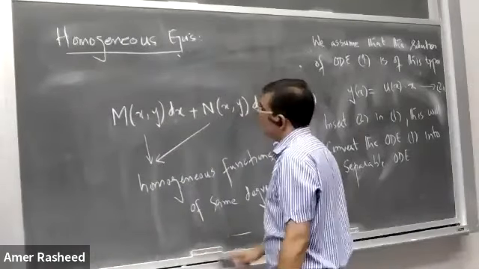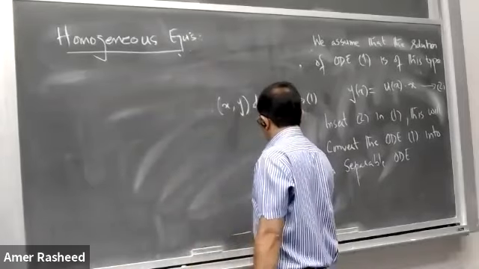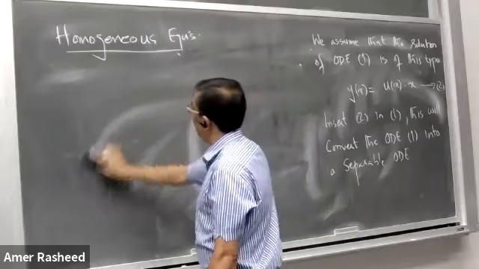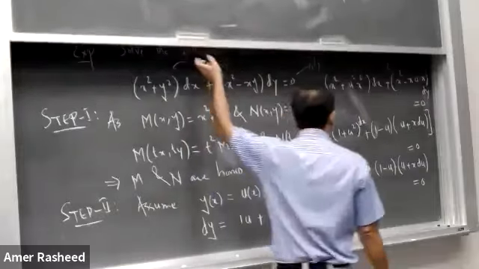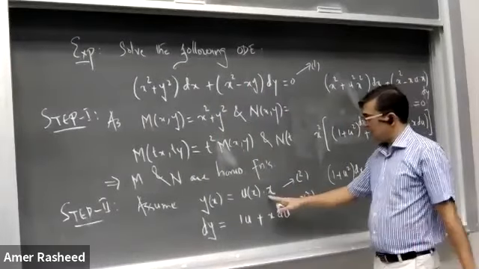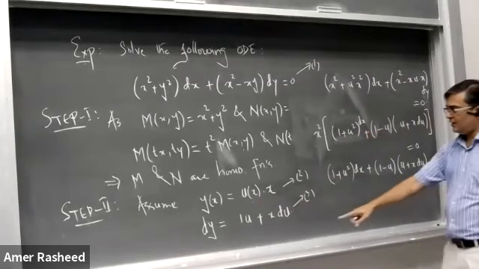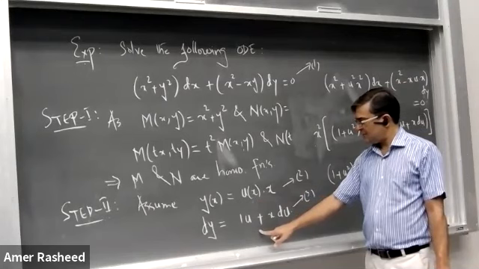Wait, sir, I have a question. In what you wrote before, when you were finding dy, shouldn't that equal u dx plus x du? The last line, the dy you wrote below, shouldn't this be u dx plus x du?